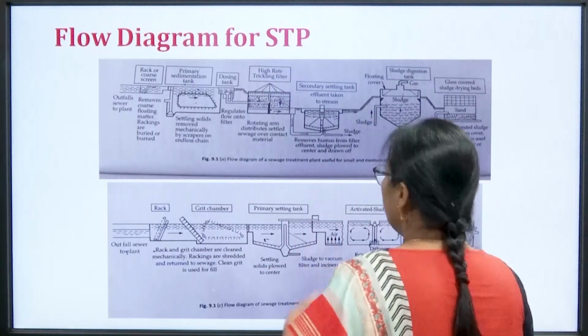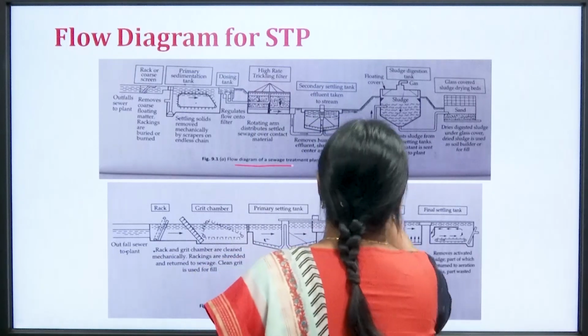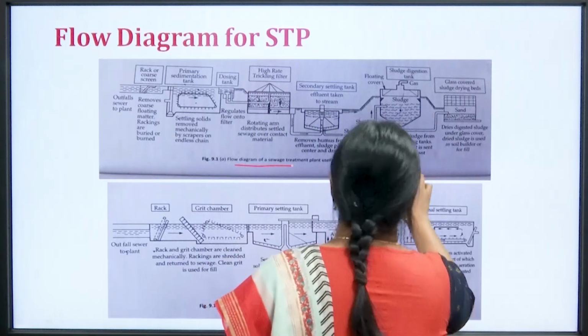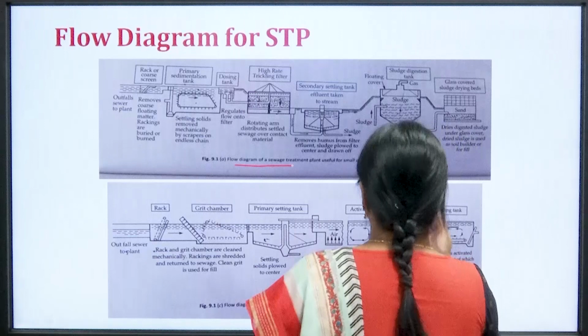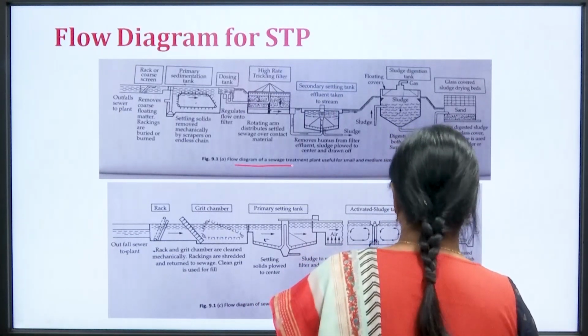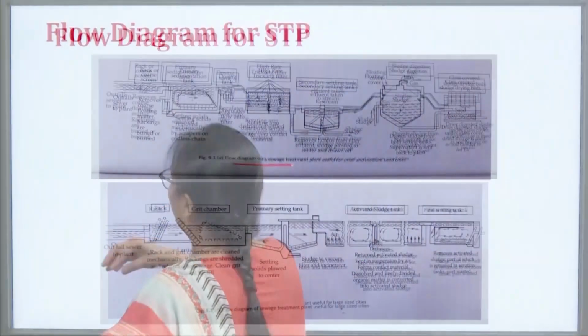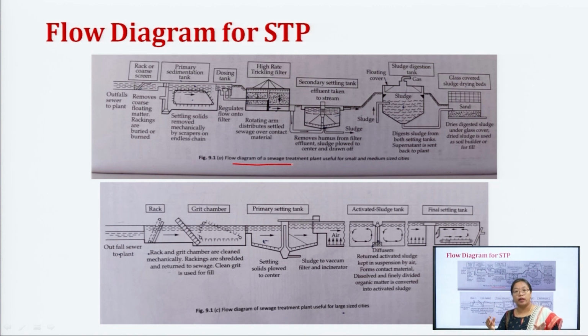So, in the first one you can see the sewage treatment plant for small or medium size cities. Okay. So, for small or medium size cities, the population is comparatively lesser. Most of the time, whatever wastewater is collected from your house, your kitchens, restaurants and commercial areas will finally go through the sewer to a sewage treatment plant, right.